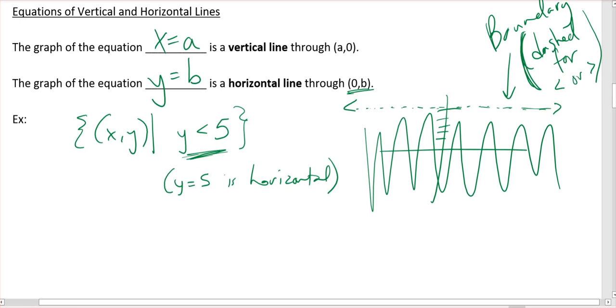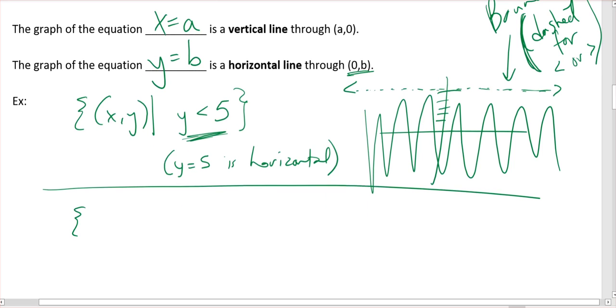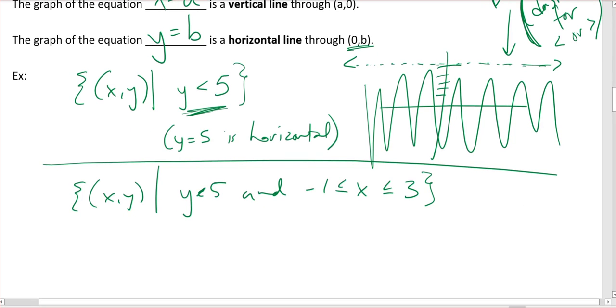Let's do an example real quick that has non-strict inequalities. Maybe the set of all (x, y) such that, let's make it a little more complicated, y is less than 5 and -1 is less than or equal to x is less than or equal to 3.